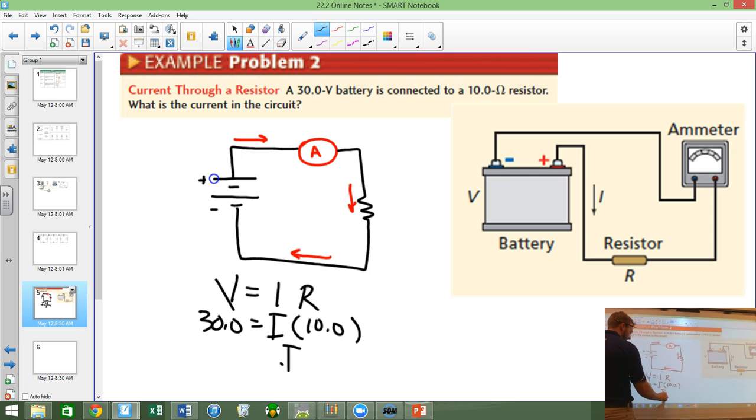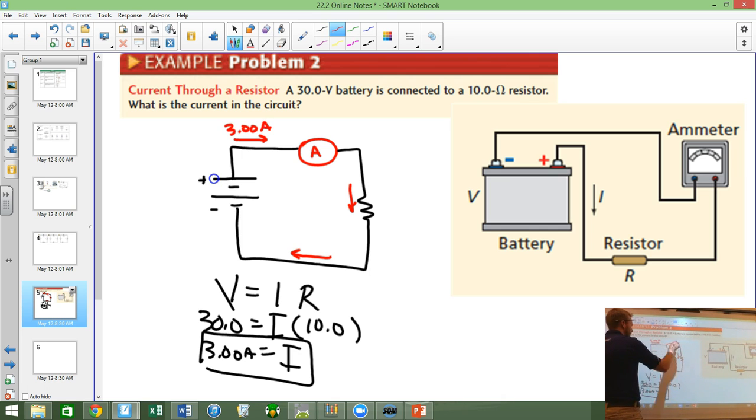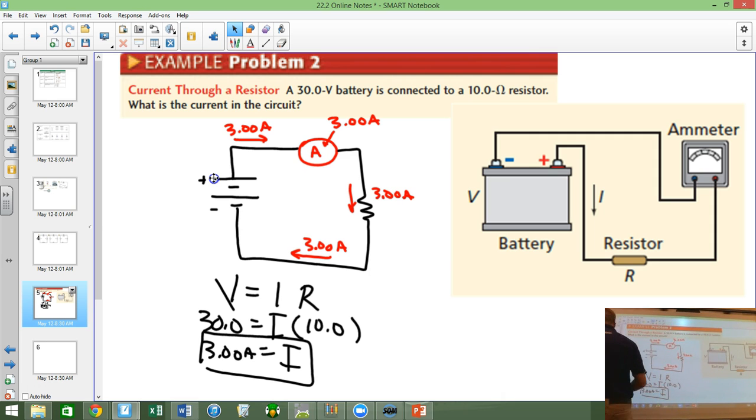So this is pretty basic. 30 divided by 10 is 3. So we're talking 3 amps of current traveling through this circuit. So this meter right here is going to read 3.00 amps. So Ohm's law, pretty important.